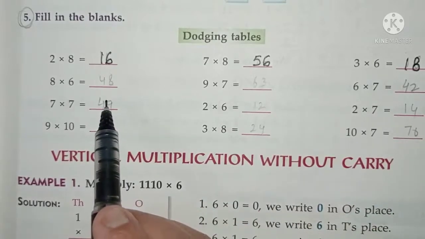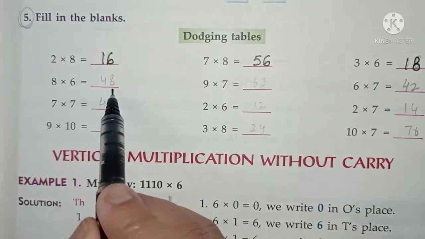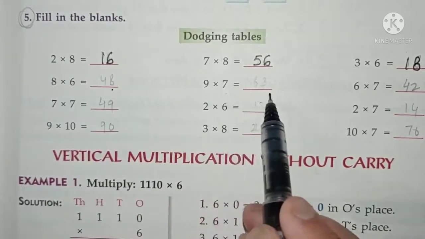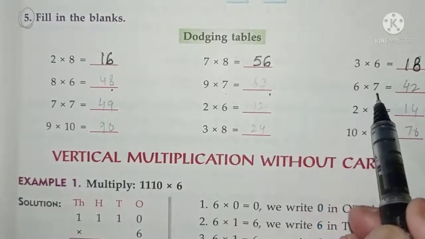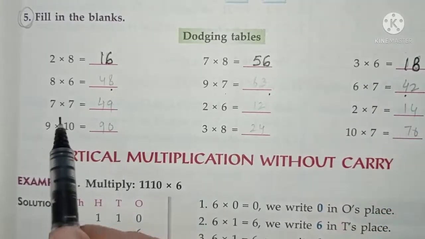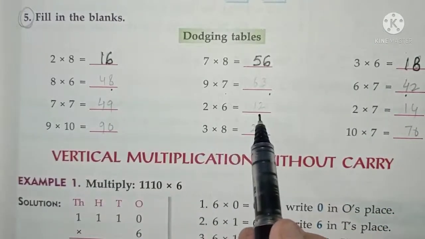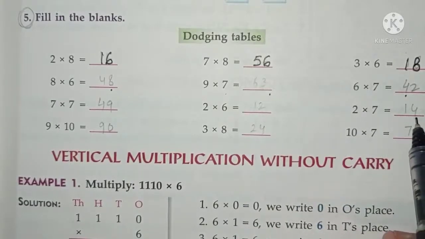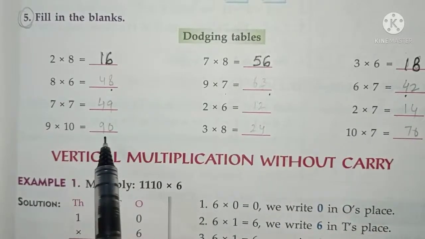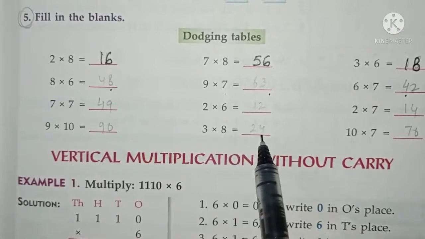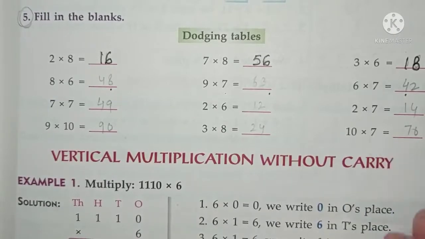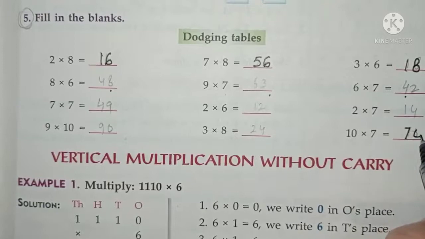Let us check out the answers also. 8 6s, 48. 9 7s, 63. 6 7s, 42. 7 7s, 49. 2 6s, 12. 2 7s, 14. 9 10s, 90. 3 8s, 24. And 10 7s, 70.